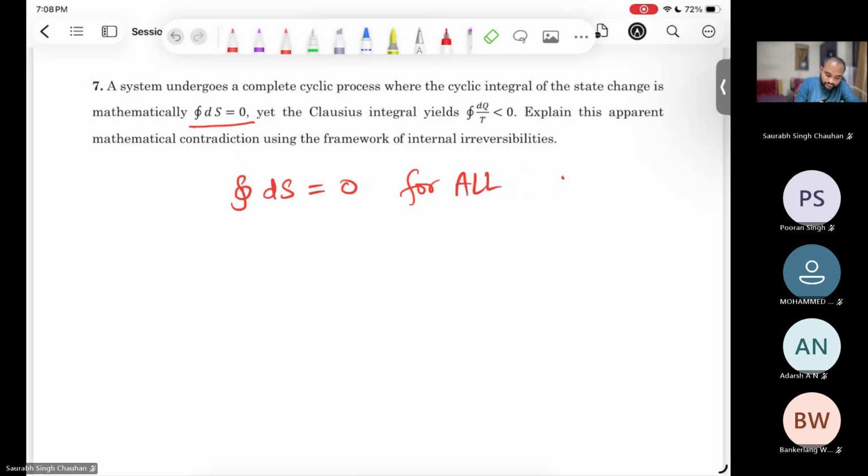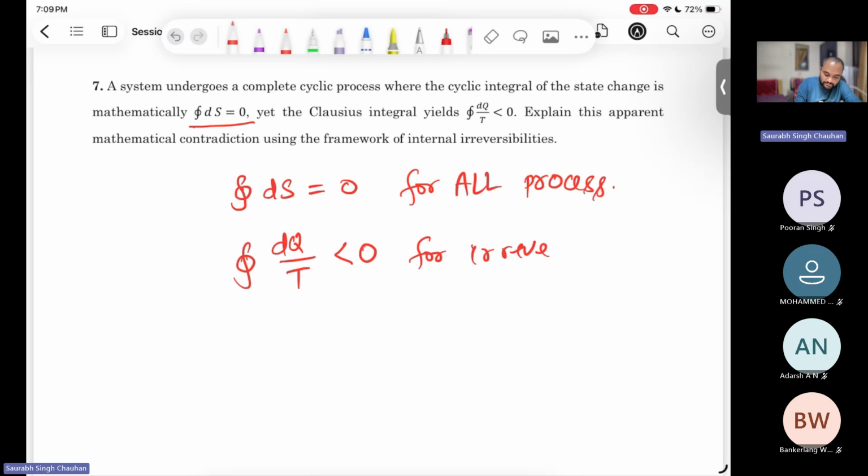Okay, but the cyclic symbol we have already written, and this del q by t can be negative for irreversible processes. So for irreversible processes, the cyclic integral of ds is 0, but the cyclic integral of dq by t for an irreversible process is less than 0.